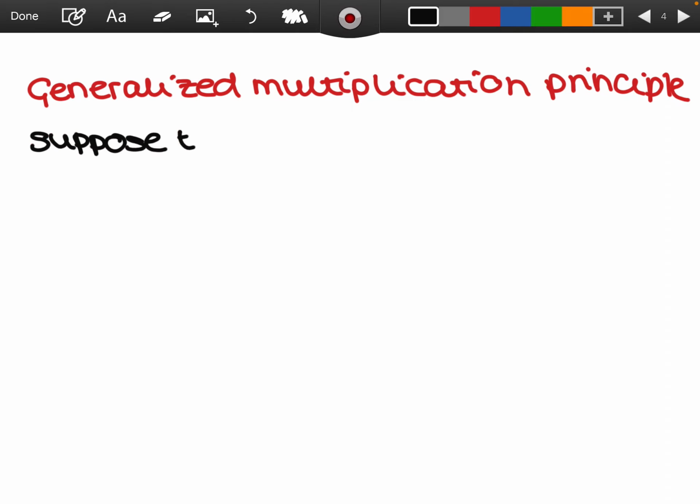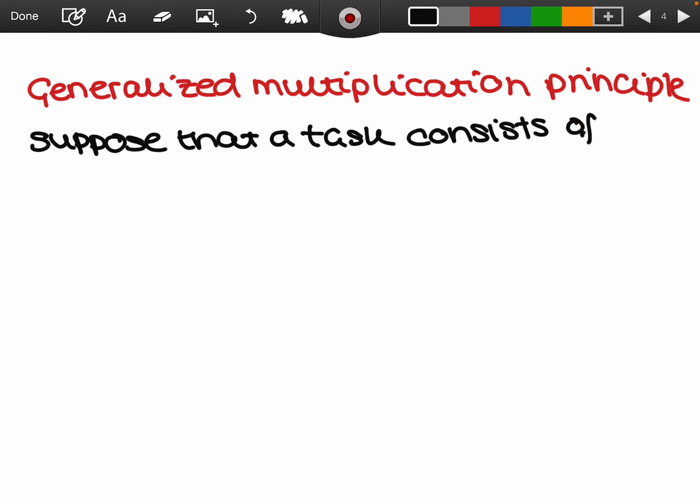Suppose that a task consists of T different choices, and again they're performed consecutively, exactly as we did in our first example, where we had the first choice of going from A to B, and then right after that you would go from B to C to complete the whole task.